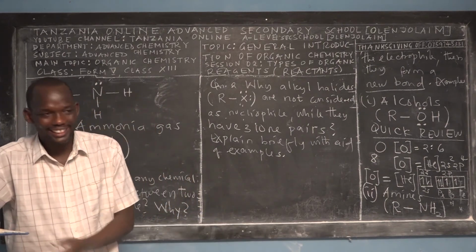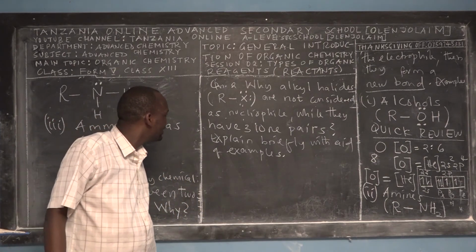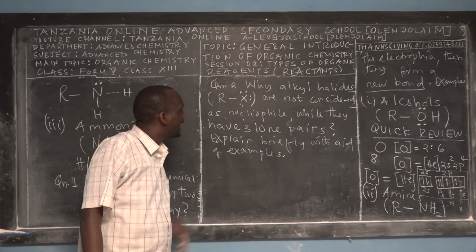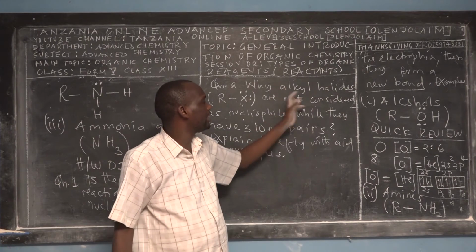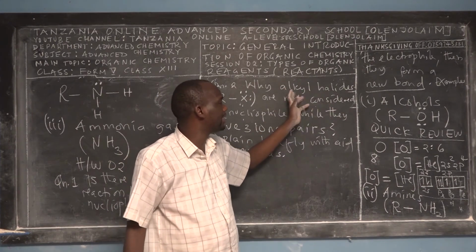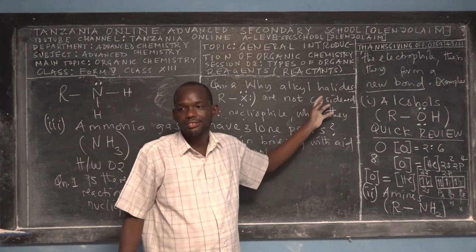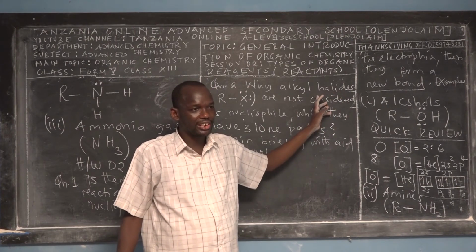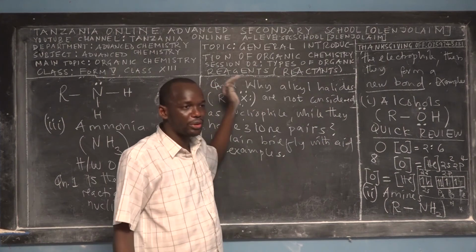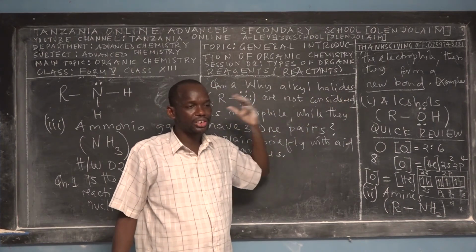Okay? So why are they like that? They have halogens because in alkyl halides, alkyl is from the alkane. Halide is the name derived from halogen, right? So fluorine, chlorine, bromine, iodine, they contain lone pairs.